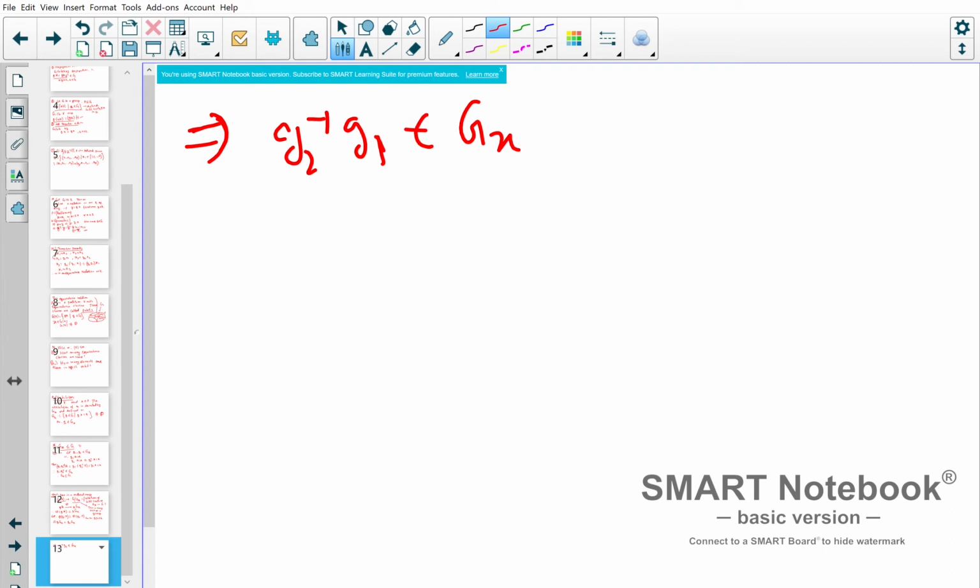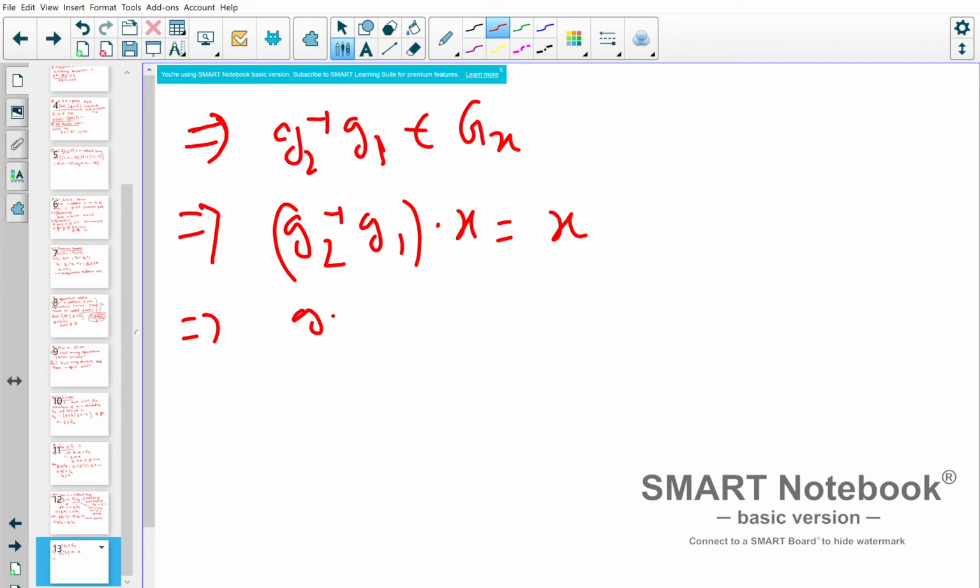But they are elements of Gx. What does that mean? That means they fix x. So g2 inverse g1 dot x equals x, and hence this is g2 inverse dot g1 dot x equals x. This is the second property of group action.